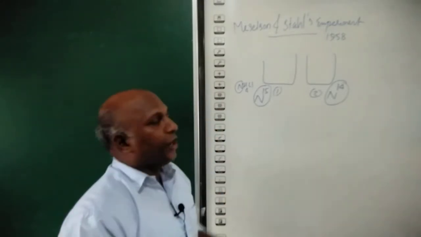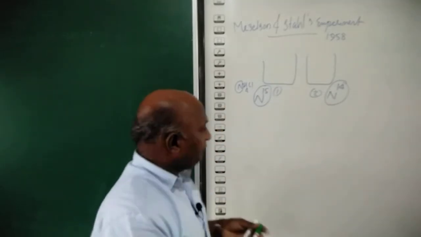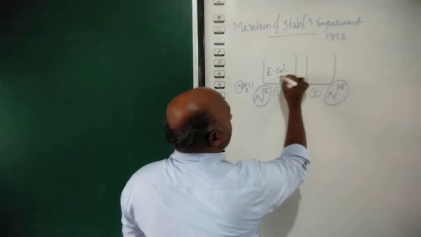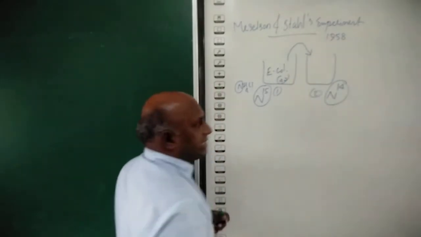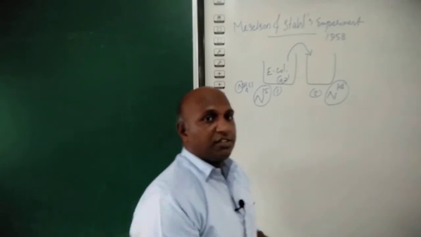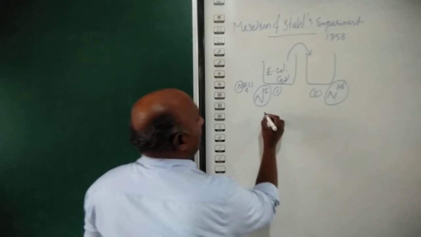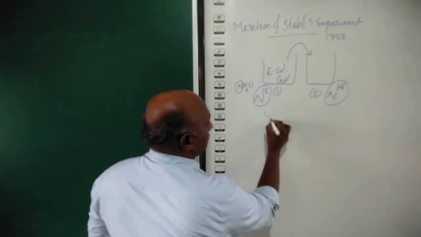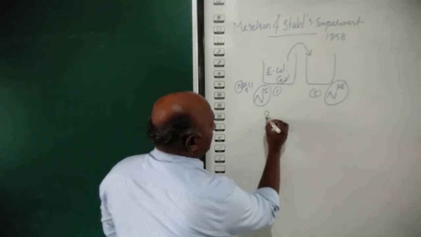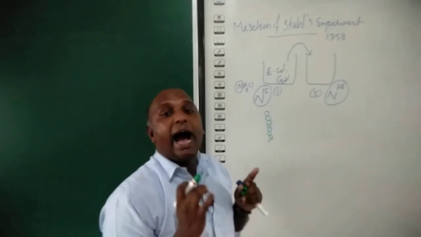After that, they introduced microorganisms like E. coli into the first medium. After 20 minutes, E. coli is now here. Then they transferred it to the next medium, the N14 medium. Then they took the result and observed that after replication, the parental strand was there like this, and a newly synthesized strand came and formed like this, which means they found a hybrid form.